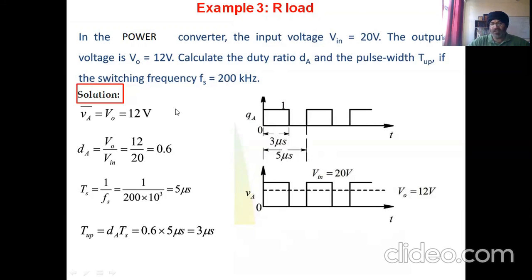The 5 microseconds we calculate directly from the switching frequency; this is the time period. Based on this 5 microsecond time period, 60% of the time it is on. Duty ratio 0.6 means 60% on time. So 5 multiplied by 0.6 is 3 microseconds on. The rest it is off: 5 minus 3.